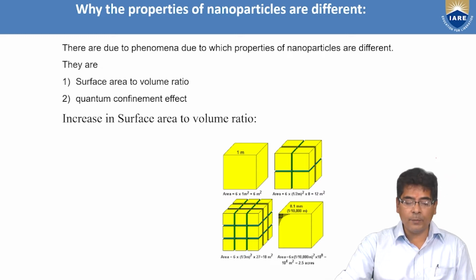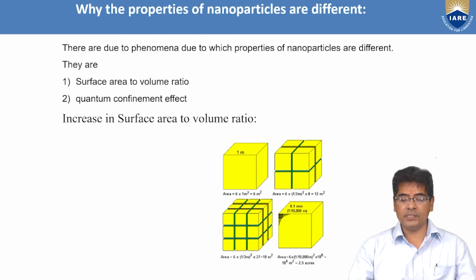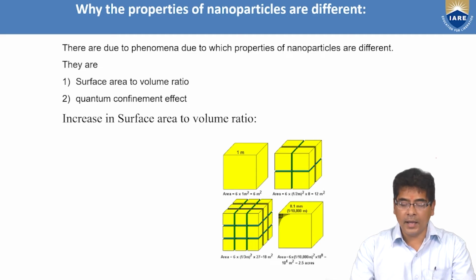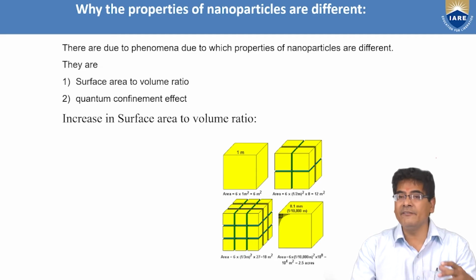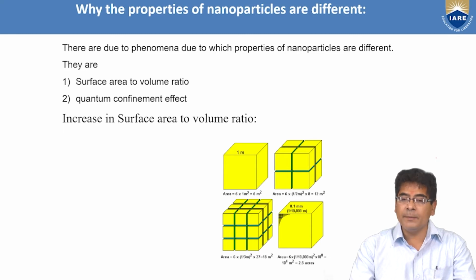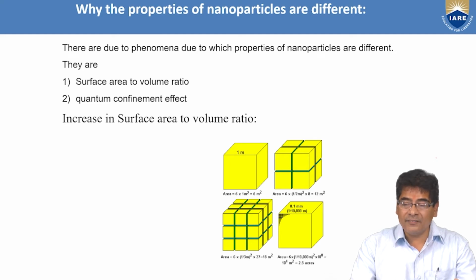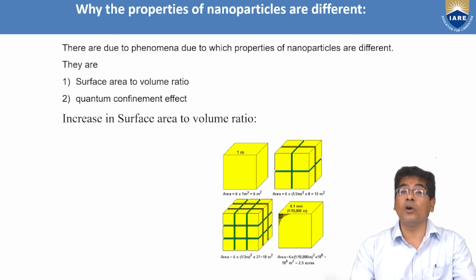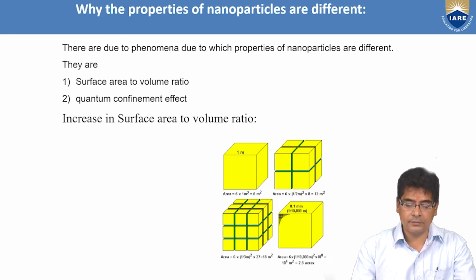When the dimensions of a box or well in which a particle is represented are of the order of the de Broglie wavelength or mean free path of electrons, the energy levels of the electrons change. This effect is what we call the quantum confinement effect.